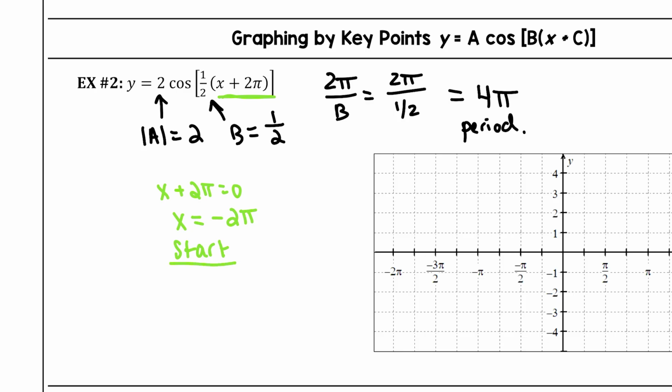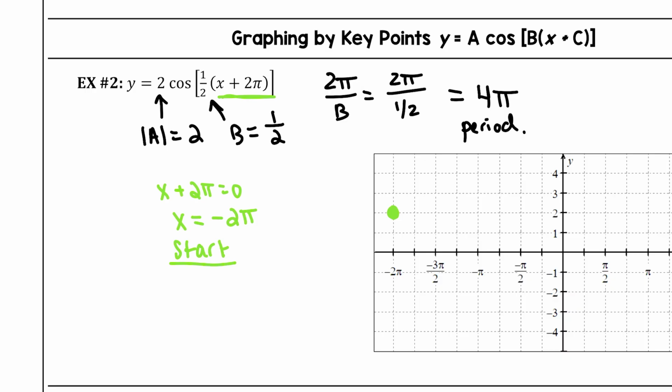There is no vertical shift here, so I'm going to use what I know about cosine graphs, and the fact that a positive cosine graph is going to start out at a maximum. So if our amplitude is 2, that means it's going to start somewhere along this line here, and we know that our start is negative 2 pi, so let me erase that line. So this little green dot here is where our cosine graph is going to start.